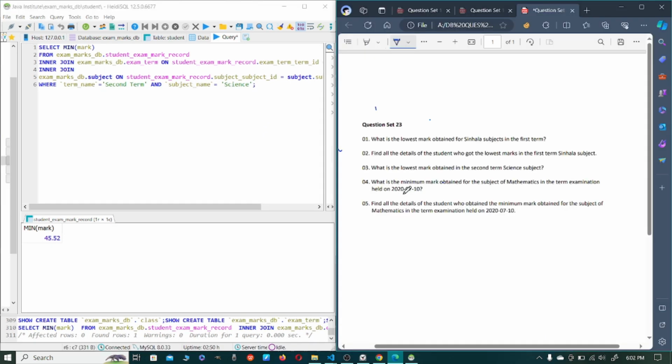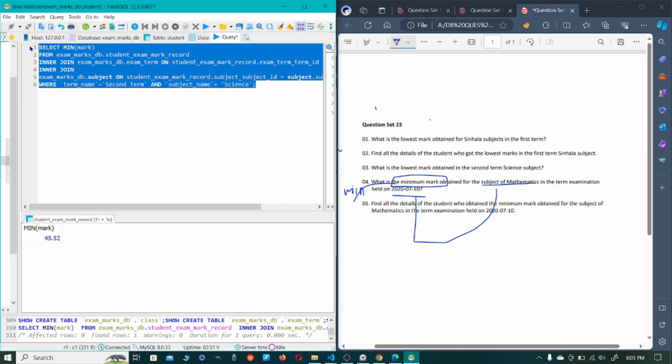The fourth question would be, what is the minimum mark? Minimum mark means we have used the keyword min, obtained for the subject mathematics in the term examination held on 10th July 2020. So we need three tables once again: the term table, the subject table, and the student exam mark record table. Let's type the given query.